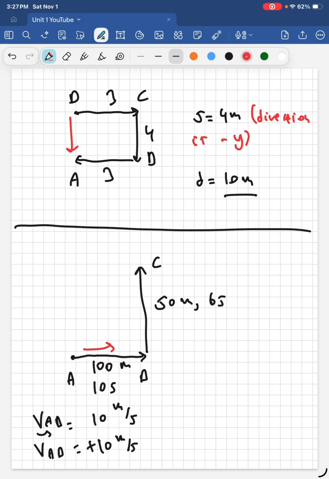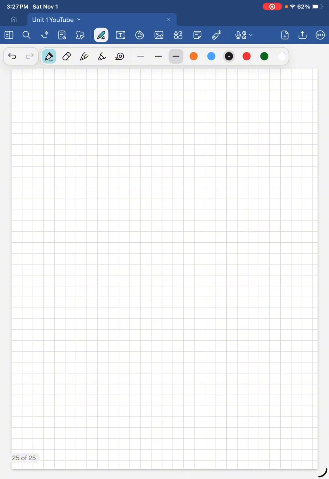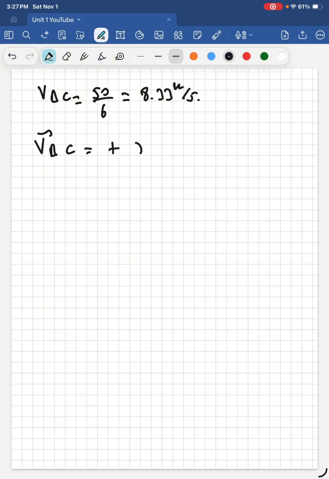Okay. Now from B to C, the speed is simply the distance over the time, so 8.33 meters per second, okay? But the velocity is also plus 8.33 meters per second, where plus denotes that we are moving in the plus y direction.